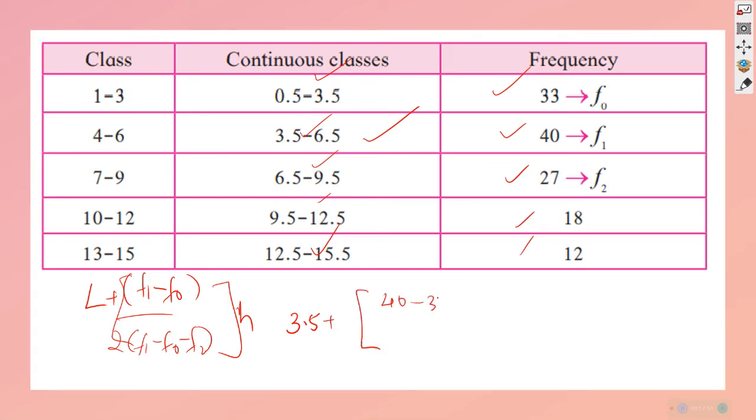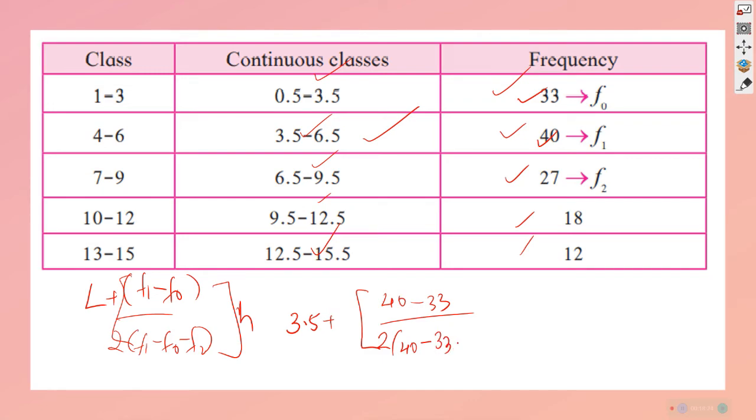40 minus 33, this 40 and the other one 33, that is F1 and F0. 33 is the frequency here, and below we are having 2 into F1 minus F0, where F1 is 40, F0 is 33.